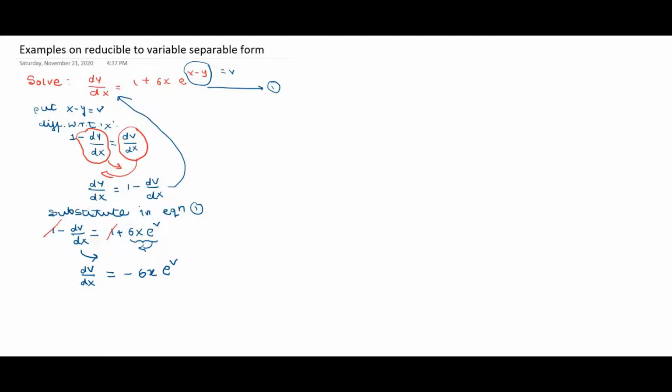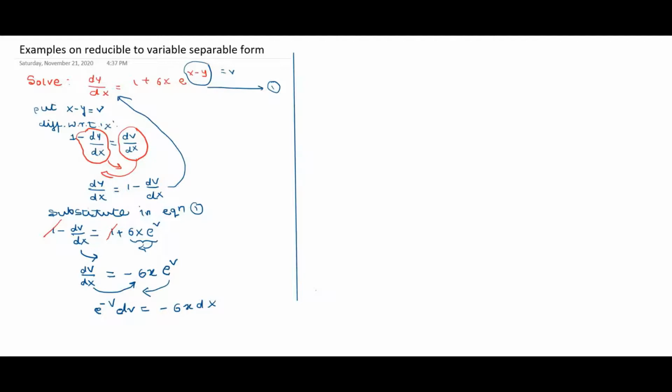Now separating the variables. To separate the variables, we can transpose this e raised to v to the left hand side and this dx to the right hand side. So if you transpose e raised to v to the left hand side, you will get e raised to minus v into dv is equal to minus 6x into dx.